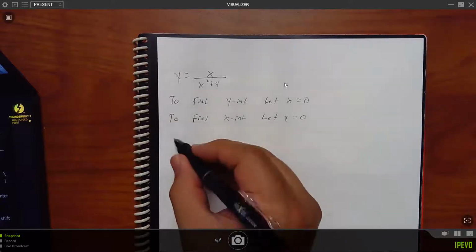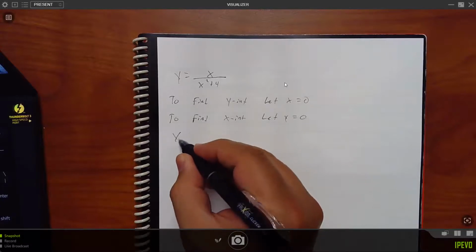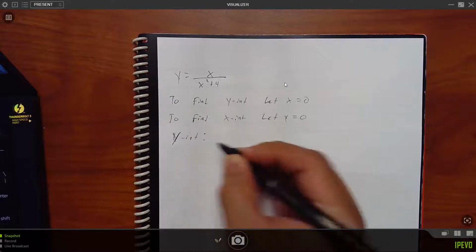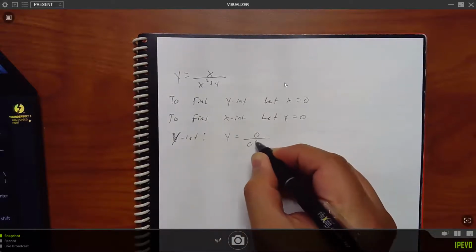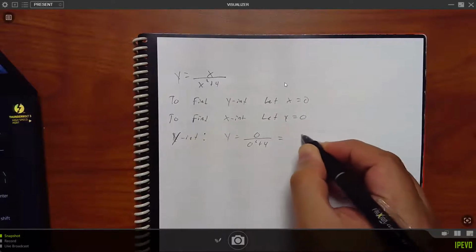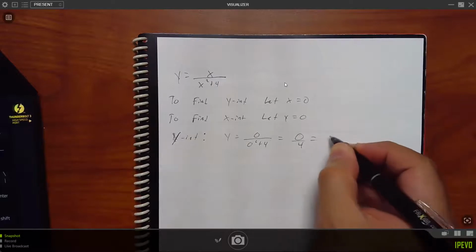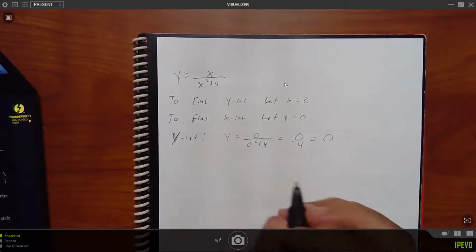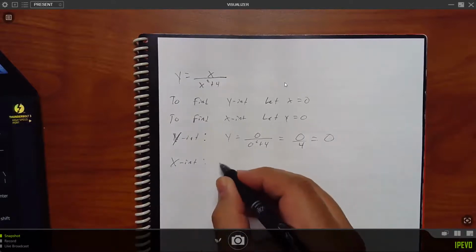So for y-intercept, you let everything be 0. I get 0/4, right? Which is 0. For x-intercept, I let the y be 0.